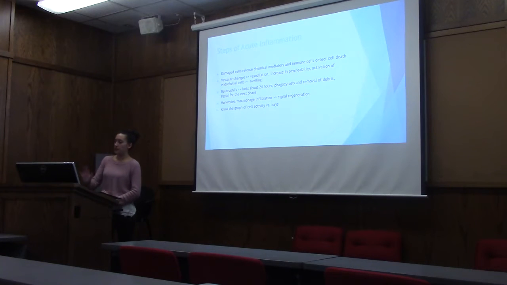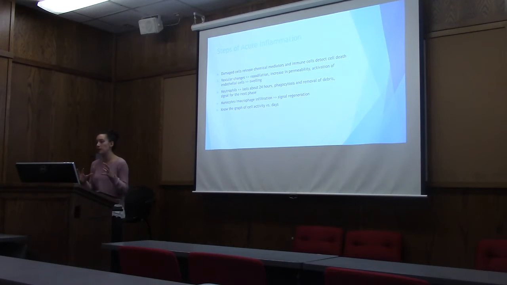So know the steps of acute inflammation. First, there's injury, right? And then damaged cells release chemical mediators and immune cells detect cell death. So if you remember his picture, they send out chemical mediators, and then there's vascular changes. So there's going to be vasodilation, an increase in permeability, and activation of endothelial cells, which all lead to swelling, right?